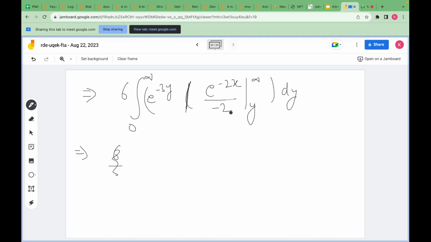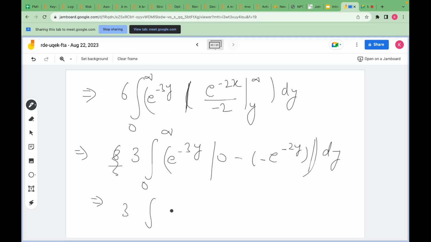This 6 and 2 will cancel out and this will become 3 e to the power minus 3y. I will put infinity, this will become 0. 0 minus this, there is this minus, so this will be e to the power minus 2y dy.